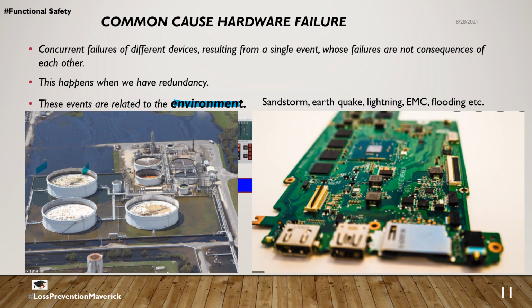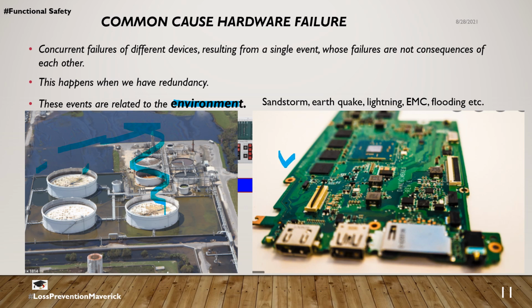For example, if there is a flood in this particular asset, the whole area is flooded, and your instrument is not as per the appropriate ingress protection, the IP code for a flood, it will not be available.